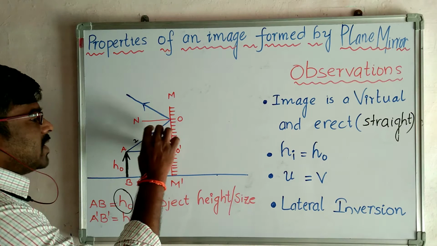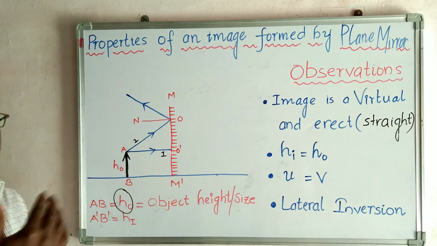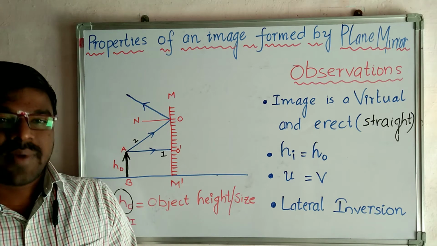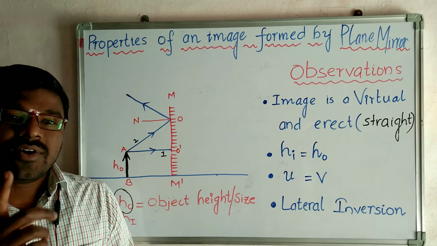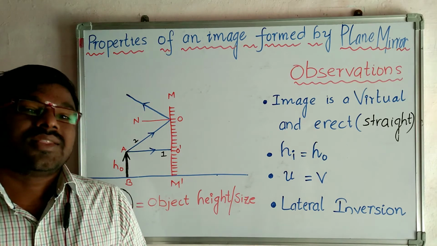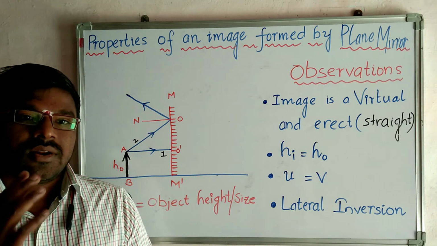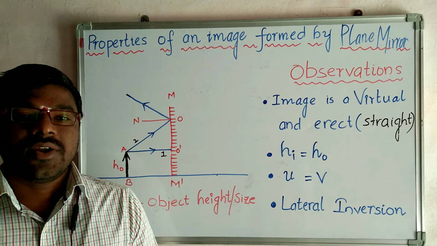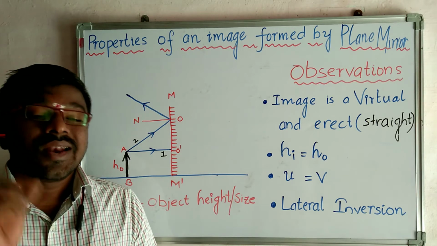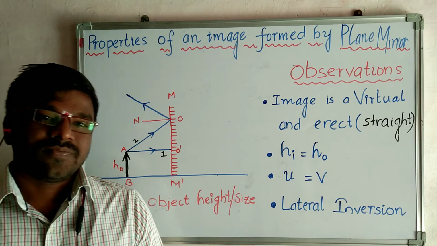Once light rays are incident on any point on a surface, they automatically reflect back. But our question is, what is the path of the reflected ray? To find the path of the reflected ray, you must know the normal at that point.